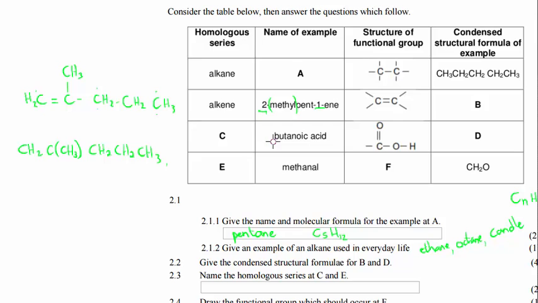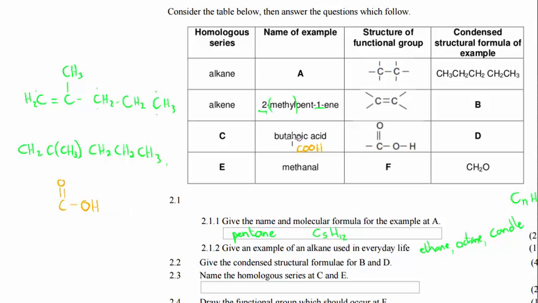Okay, then at D, we have butanoic acid. So I know I have my oic acid. Okay, that's my oic acid. You'll see oic acids always end on COOH, COO. Okay, they always end on COO.